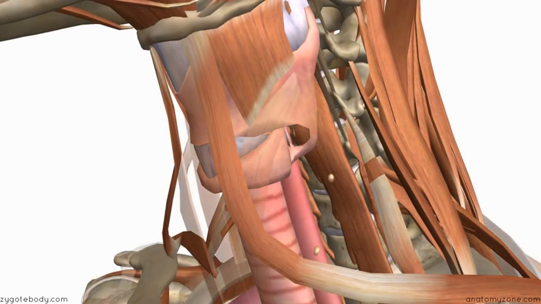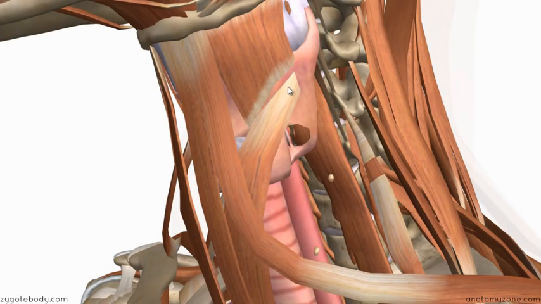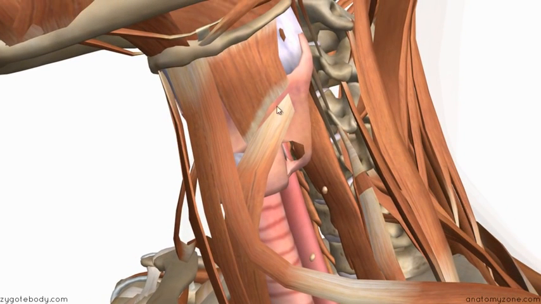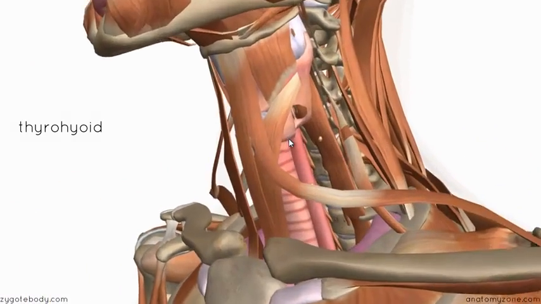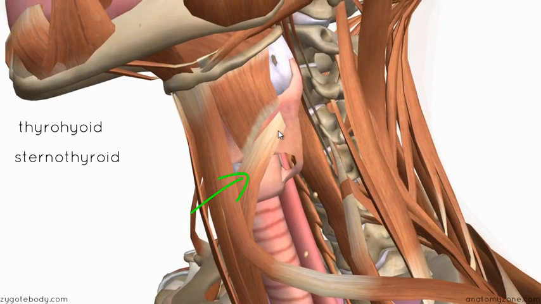So if I just bring in the muscle layer, you can see some muscles that have appeared here. So the three muscles are the thyrohyoid muscle, so you've got the muscle connecting the hyoid bone to the thyroid cartilage, and then you've got a muscle connecting the thyroid cartilage to the sternum. So this is called the sternothyroid muscle.